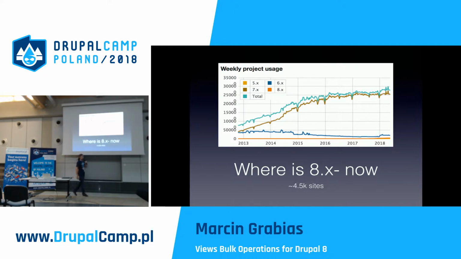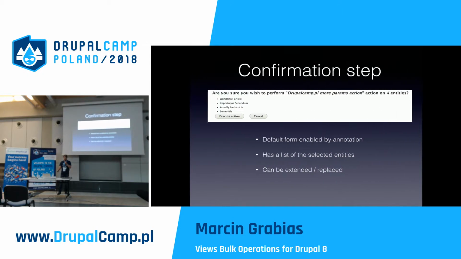Probably because for most sites, the core bulk form is sufficient. They don't need the power of these bulk operations. It's perfectly okay. When you don't need such functionalities, it's better to go for a simpler solution.